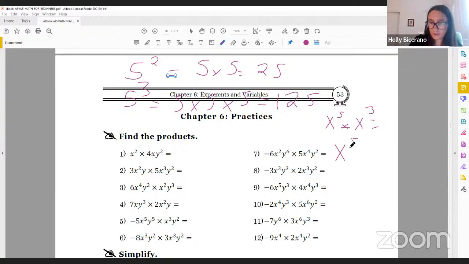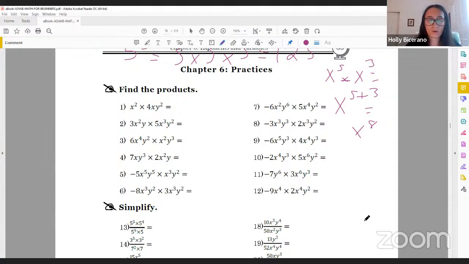So it's 5 plus 3. And so this becomes x to the power of 8. So this is called the product rule. So now let's start to go to some more complicated problems like the ones that are in this worksheet.